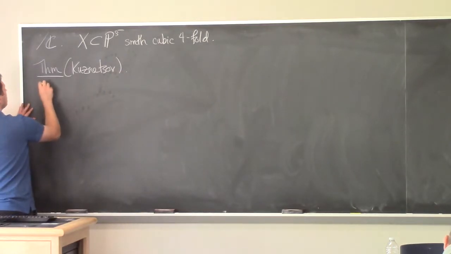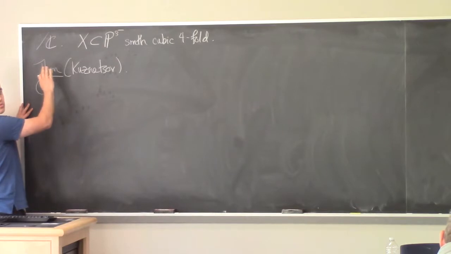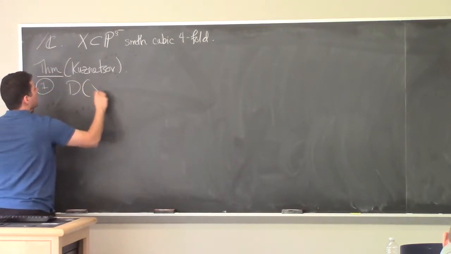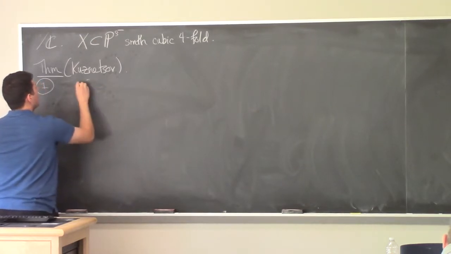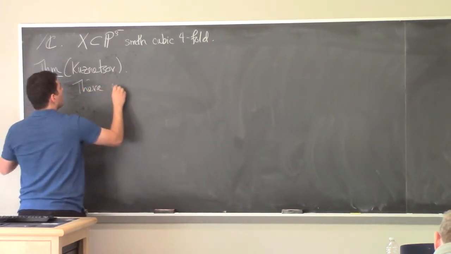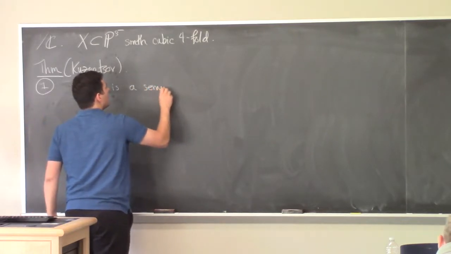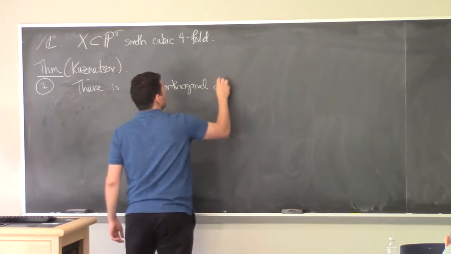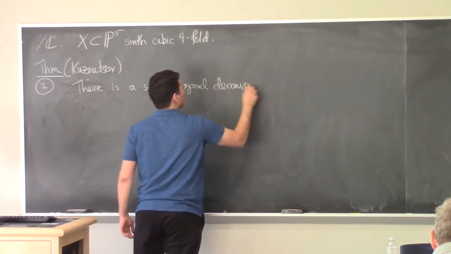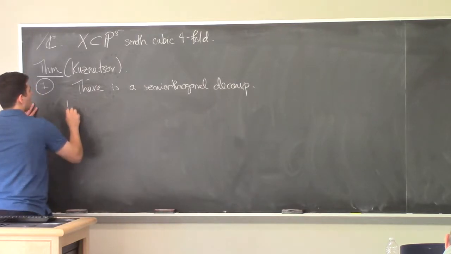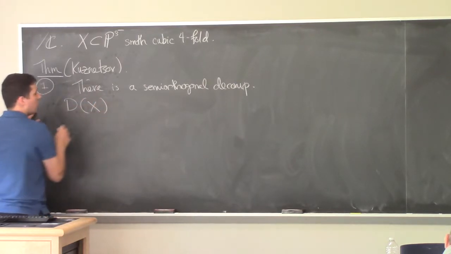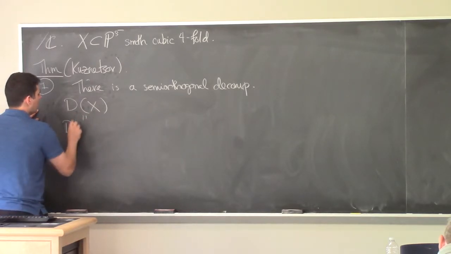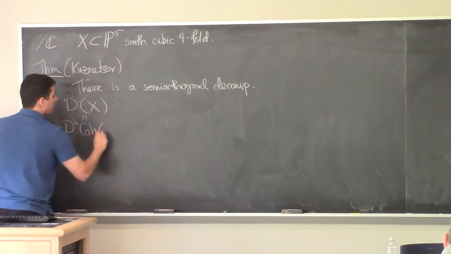The first part of the theorem is a structural result about the derived category of X, D(X). There is a semi-orthogonal decomposition of the derived category of X. In this talk, I'll write D(X) to mean the bounded derived category of coherent sheaves on it.